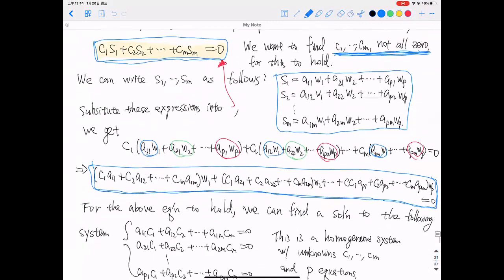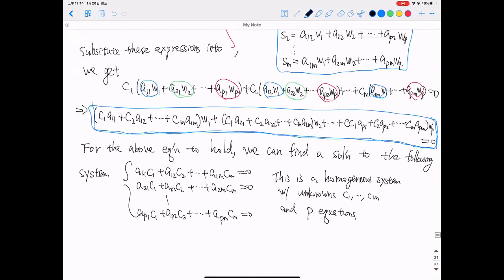By the previous discussion, since we have more unknowns than equations, the system has non-trivial solutions.